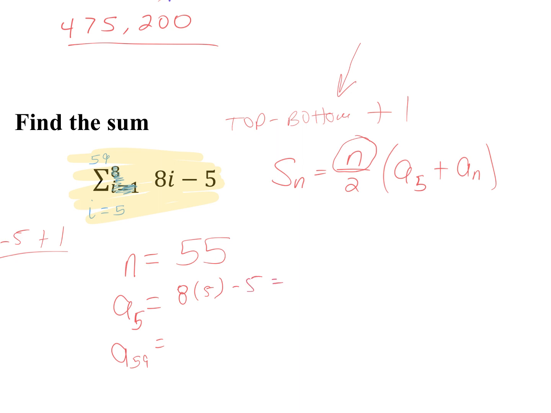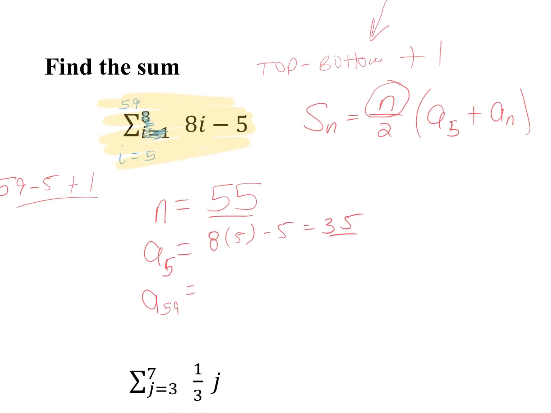What's 8 times 5? 40. And 40 minus 5 is 35. Okay. And then the last term, well, that would be the 59th term. So I'm going to plug in 59. So 8 times 59 minus 5. What's 8 times 59? 472 minus 5 is 467.